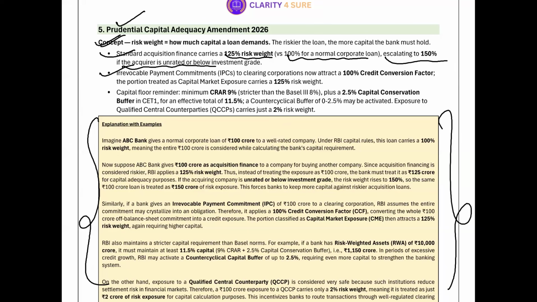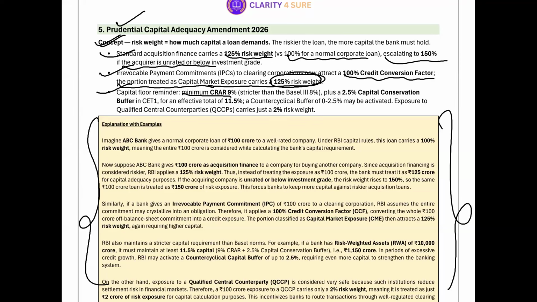Irrevocable payment commitments, IPC, for clearing corporations now attract a 100% credit conversion factor. The portion treated as capital market exposure carries 125% risk weight। Now, capital floor reminder, which is minimum CRAR कितना है? मैंने बताया capital risk weighted ratio कितना होना चाहिए?